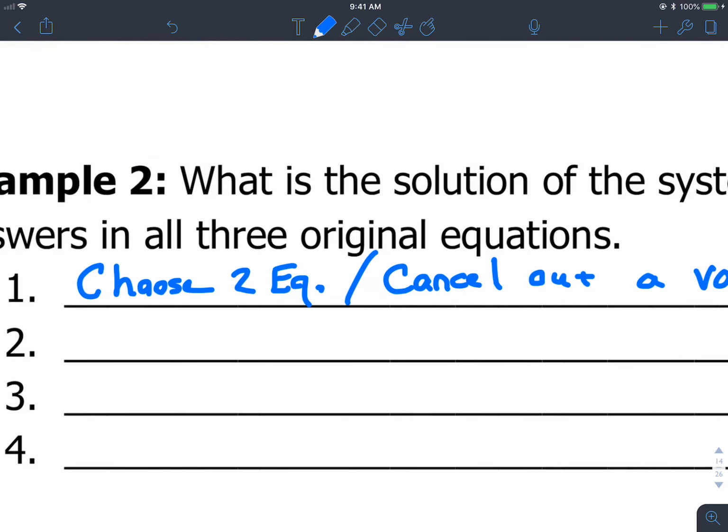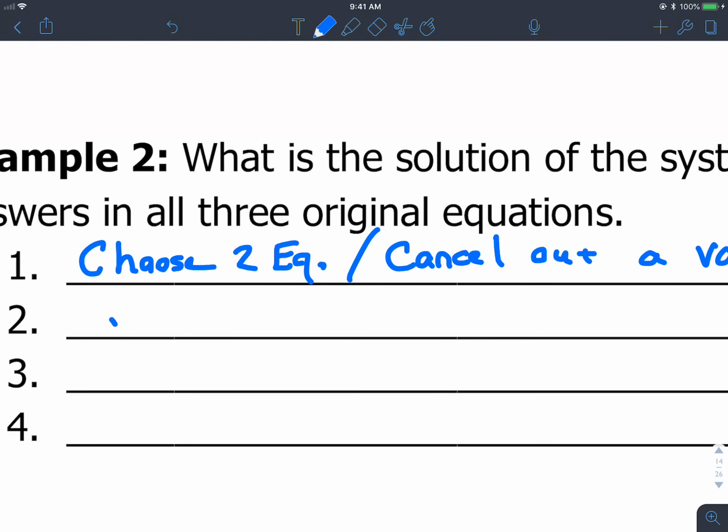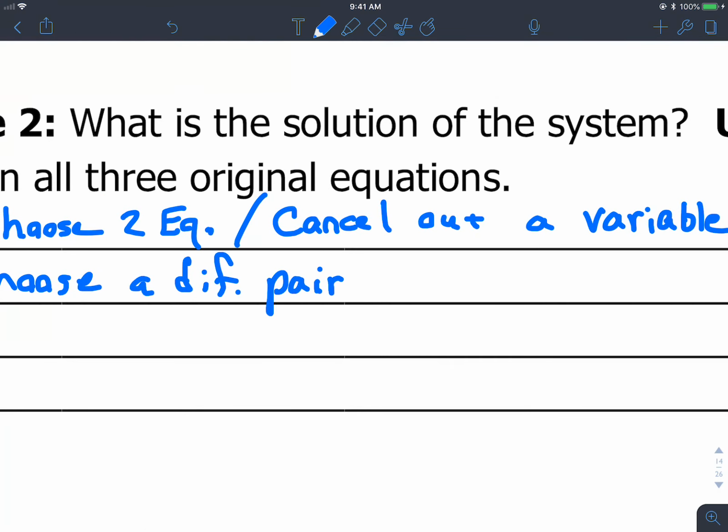For step 2, you're going to choose 2 different equations. Or let's say choose a different pair, I guess. Because you can use one of the same equations, you just can't use both of the same. So choose a different pair of equations.